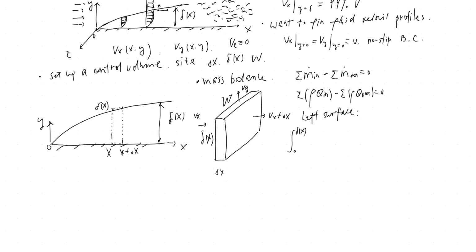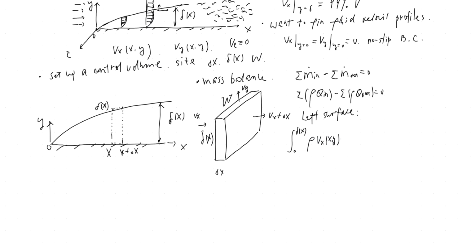So you need to use rho, density, multiplied by volume flow rate. Volume flow rate is velocity multiplied by the surface area. Now we need to use velocity multiplied by the integration of the surface area. This is the velocity as a function of x and y. Then you integrate over the surface.